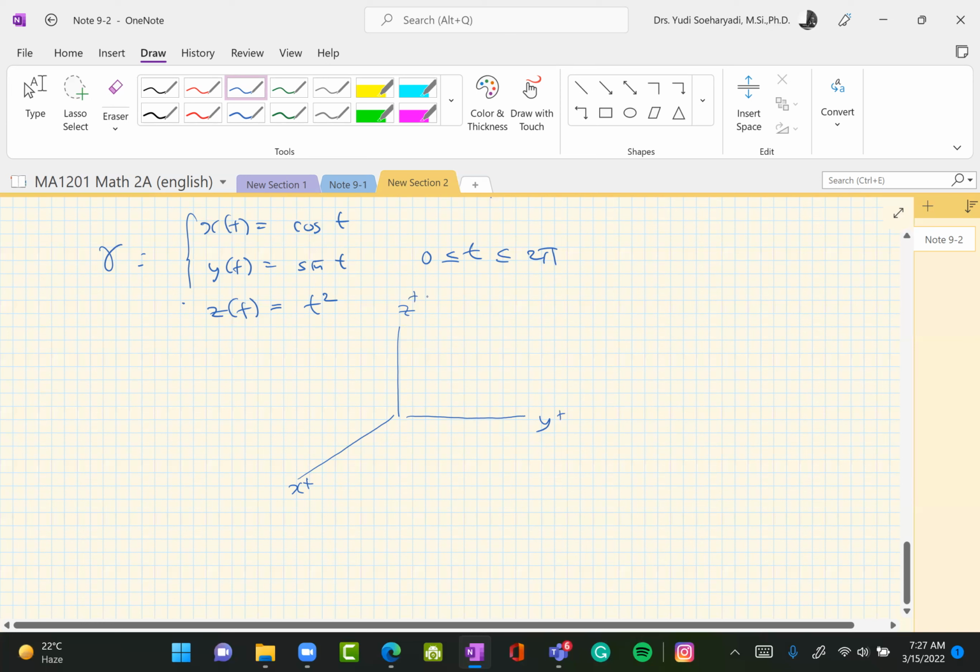Okay. All right. So we have here, if you restrict to the xy plane, so you see what's the relation between x and y here?